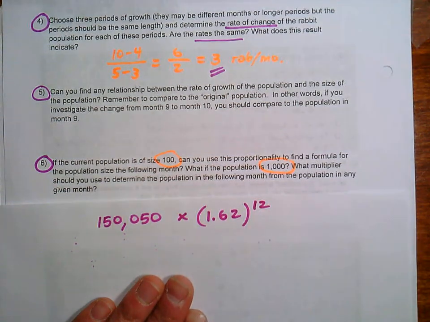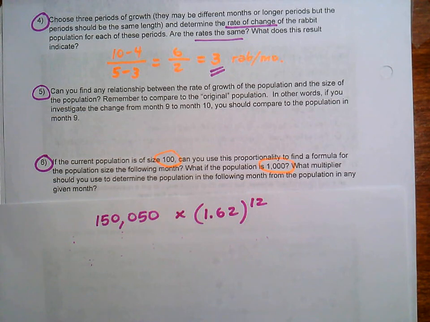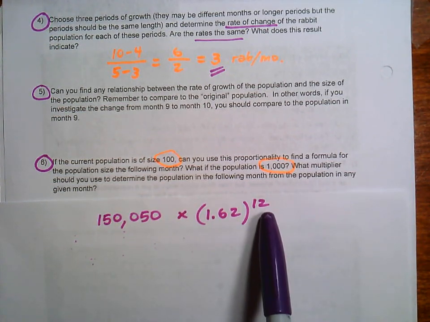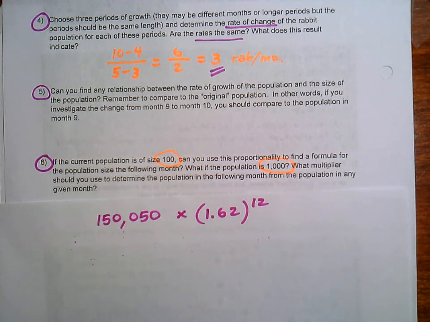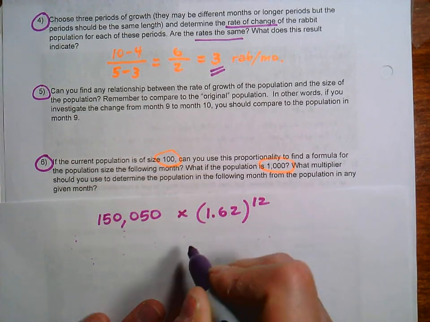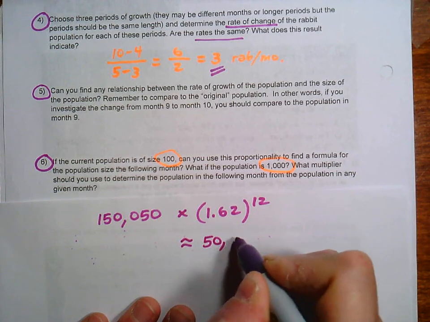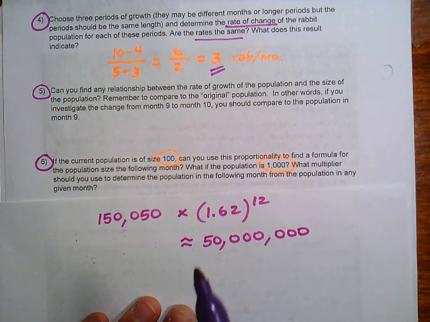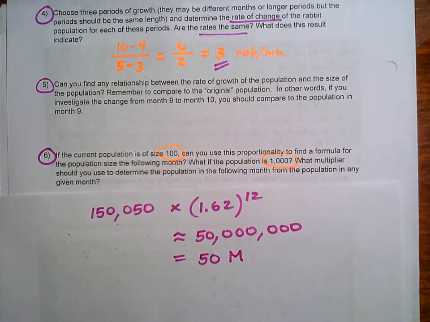So you could say to the 12th power, and this would give us the number that we're looking for. So I'll let you check this on a calculator. I would recommend this part first, 1.62 to the 12th, and once you get this quantity, then multiply it by that 150,050, and what you end up getting is something really close to 50 million. Right, so 50 million rabbits. So we could just write it this way if you wanted to, 50M. And that answers question 7.